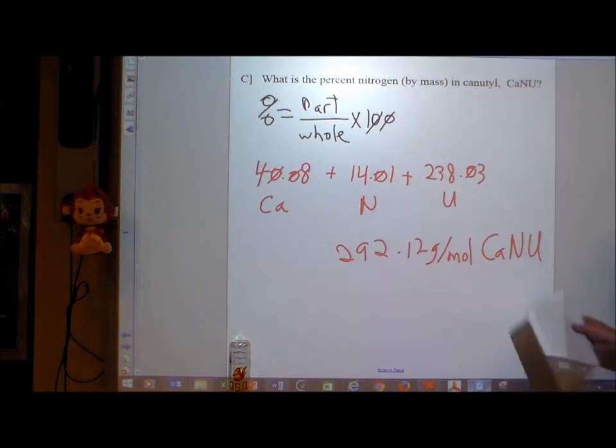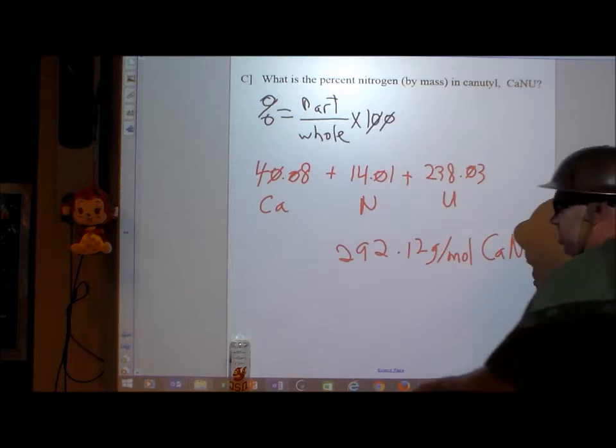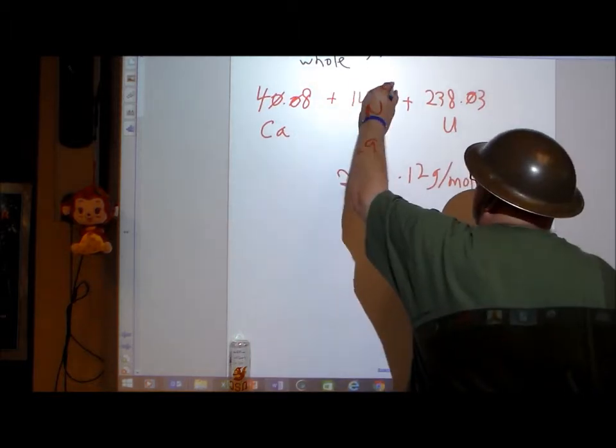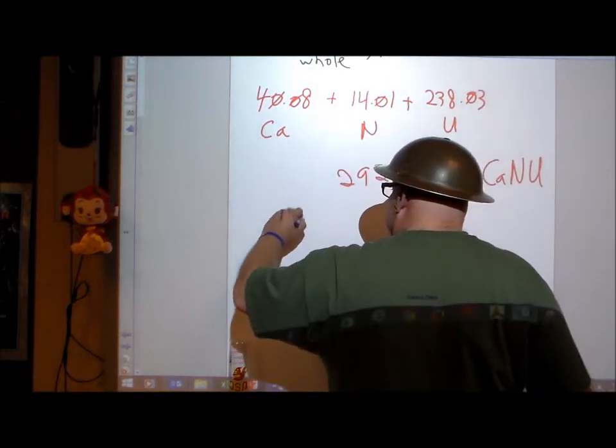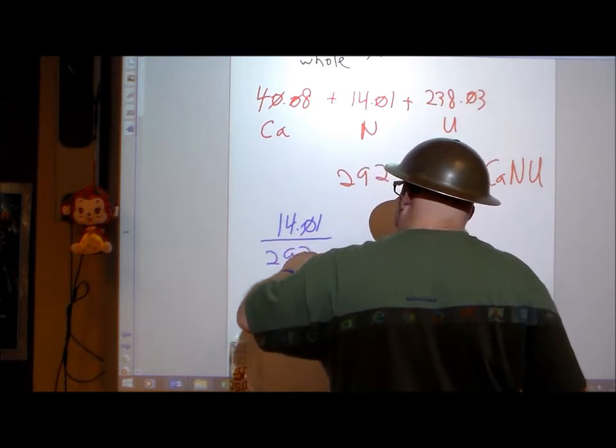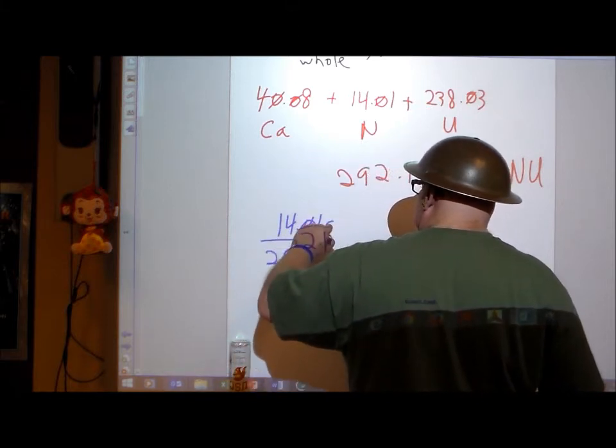That's what we have. And with that, ladies and gentlemen, now we can figure out the percentage by mass of the nitrogen, because it will be the part over the whole. Well, what's our part? Our part is right here. It's going to be 14.01 over 292.12.